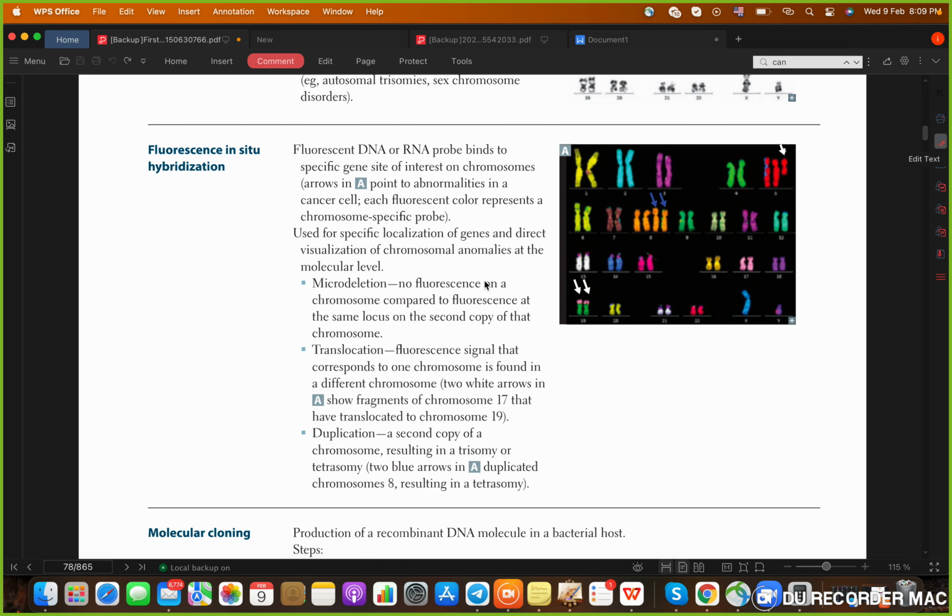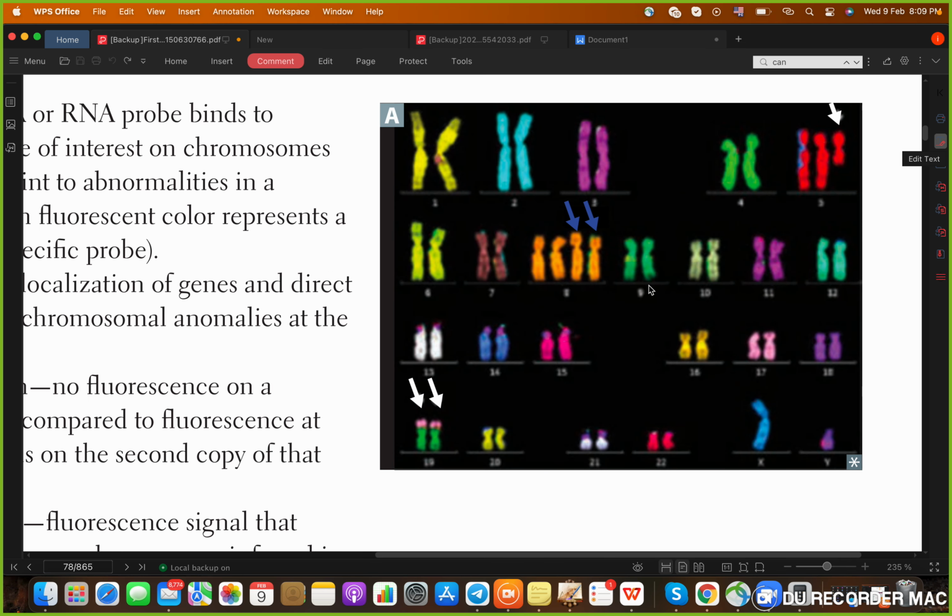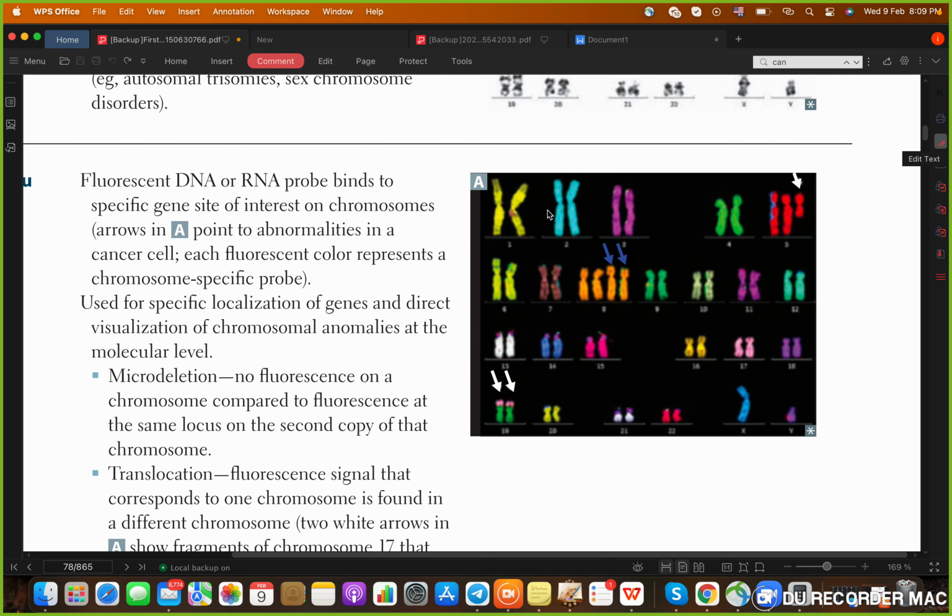So, FISH. Fluorescent DNA or RNA probe binding to a specific gene site of interest on the chromosomes. So we bind to many genes on the chromosomes, and they can light up all of our genes, as you can see. This is good. This is much easier for finding abnormalities.